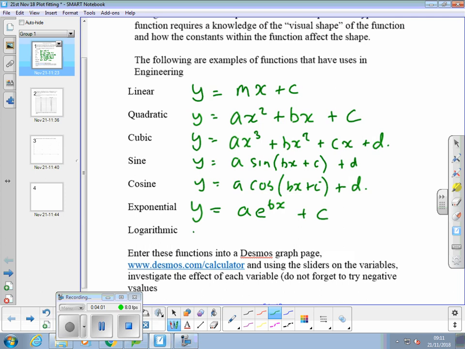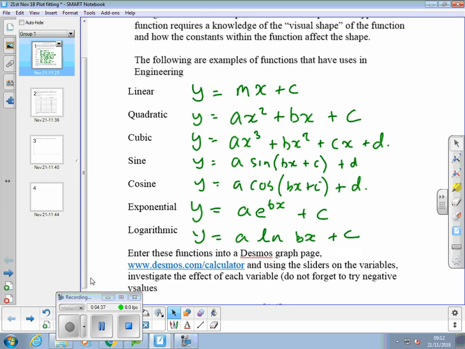And then logarithmic: y is equal to ln of bx plus c. Okay, so they're the common functions that we've covered at some point during the maths in the first year and in this year. So certainly they cover all the ones that we've integrated and differentiated in our calculus.